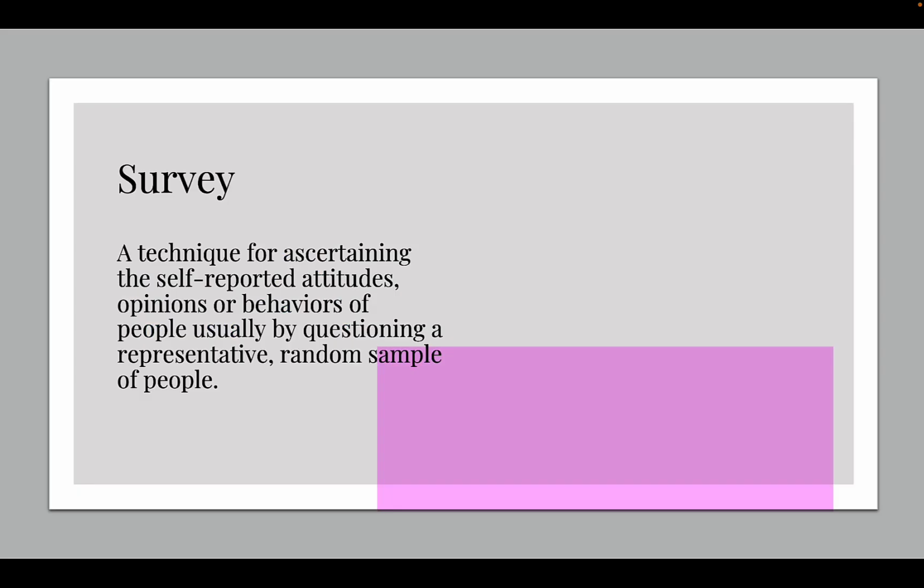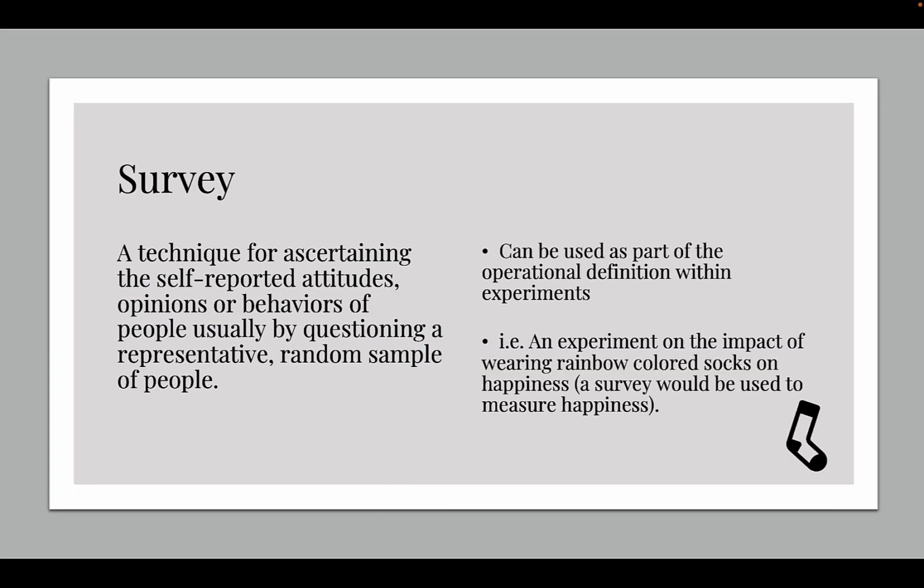Okay, so next up is the survey. Survey is our next method that we're going to talk about in terms of techniques for ascertaining those self-reported attitudes, opinions, or behaviors of people. This is usually done through a series of questioning, right?